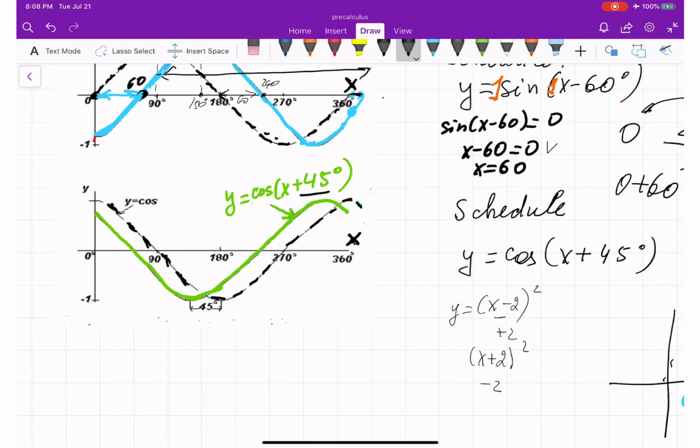So this piece difference is going to be shifting to the left, right? The green color is getting ahead. And how much is going to be this point? If this is 90, minus 45, it's going to be 45 degrees. If this is 180, this point will be 180 minus 45, so 135 degrees. And if this is 270 minus 45, 225 degrees, and so on. And we show only till 360.